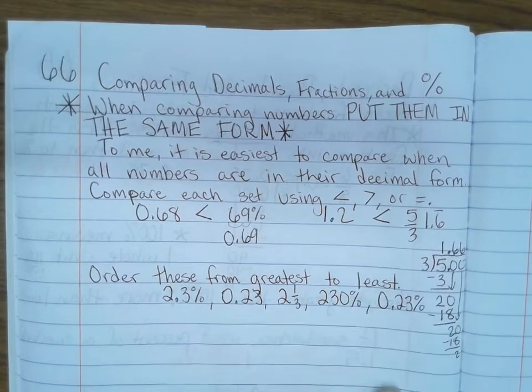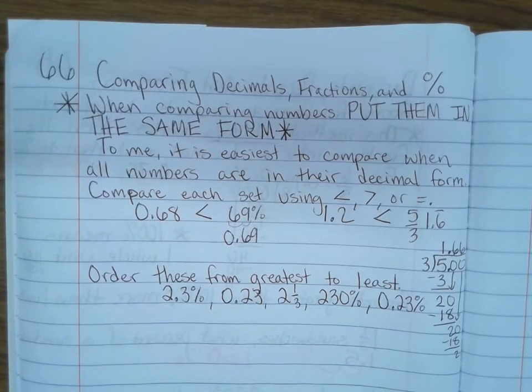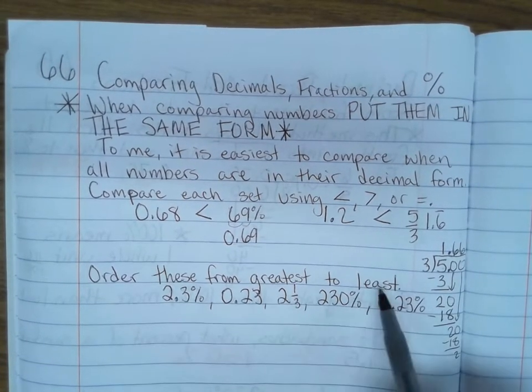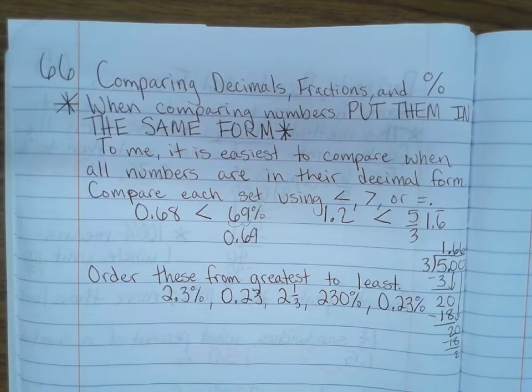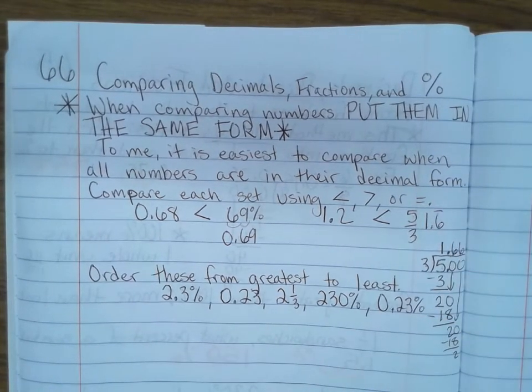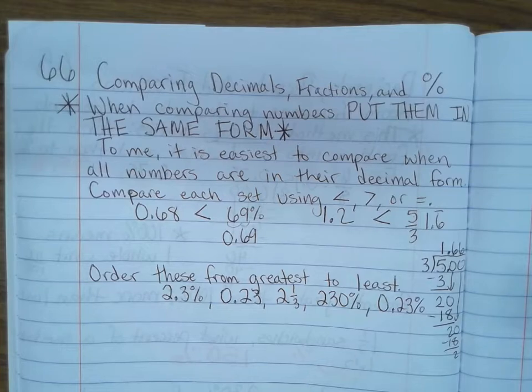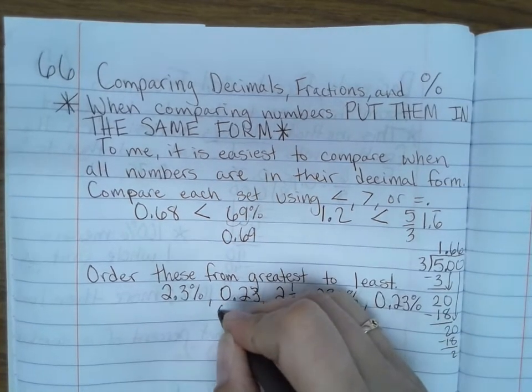And we want to put these in order from greatest to least. So here we want to pick the biggest one to list first. Okay, I'm going to take the ones that are not already in their decimal form and I'm going to change them. So this one's already in its decimal form, so I'm just going to write it right here.